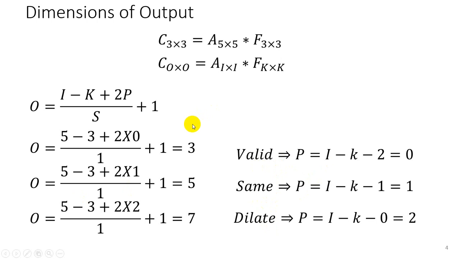So for simplicity, we just discuss the first case of convolution, which is valid. For your understanding, you can refer to YouTube or Google for the other types of convolutions like same and dilate, and how they can be performed. You can also learn from these slides how to perform the same and dilate convolutions, because they are just similar.